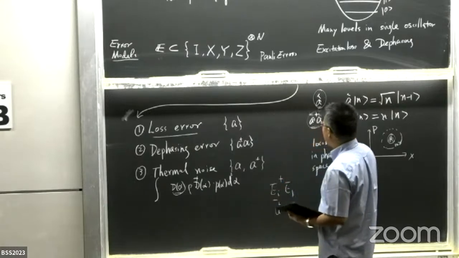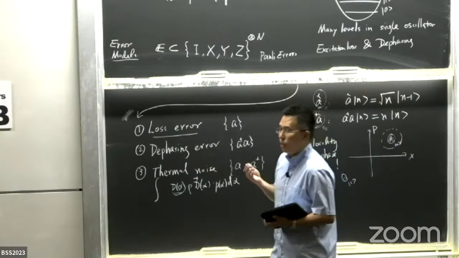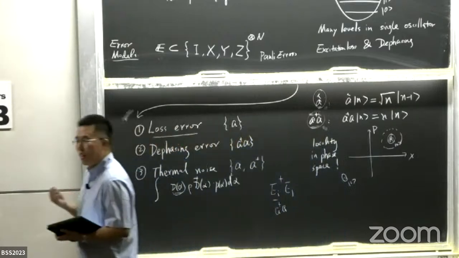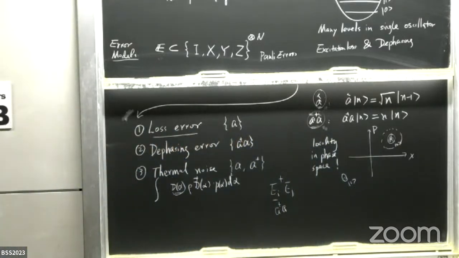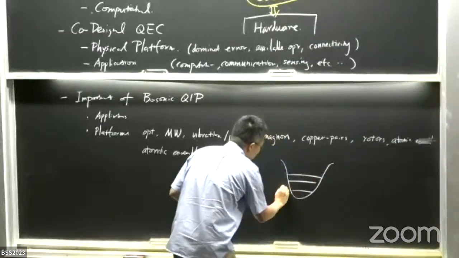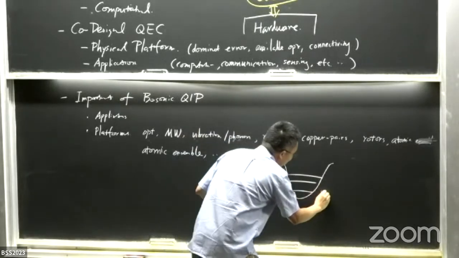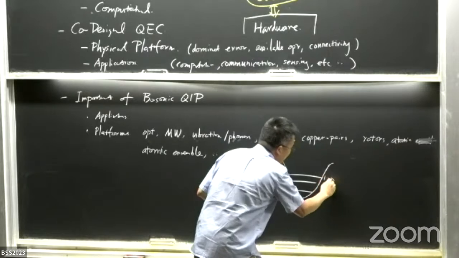So there is a distinction for bosonic. For example, I mentioned that the superconducting qubit, the transmon, is an anharmonic oscillator, right? So if we look at the transmon, we have a ground, excited, and second excited state. You could write it as 0, 1, 2.